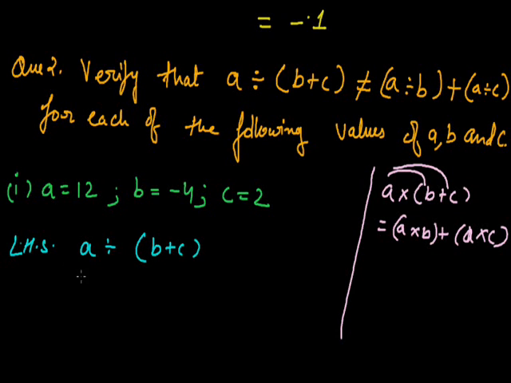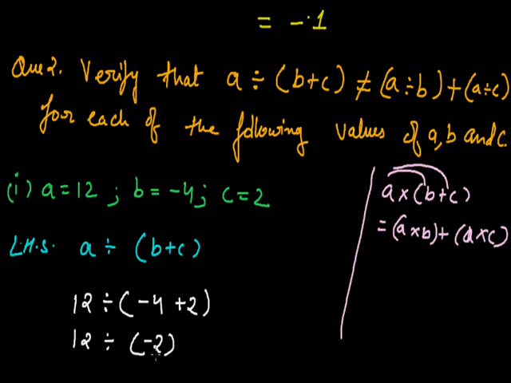That means first we have to add B and C, then divide A by it. A is 12, B is minus 4 and C is 2. So 12 divided by (minus 4 plus 2). First we will simplify the bracket: 12 divided by minus 2. Now it will give you minus 6.